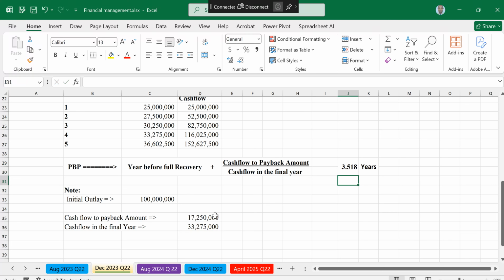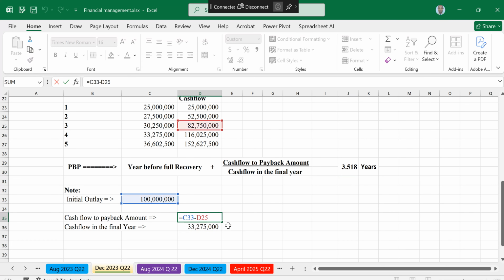The payback amount is 100. Then where did you stop? At year 3, where the cumulative was 82. So 100 minus 82, 17,750.